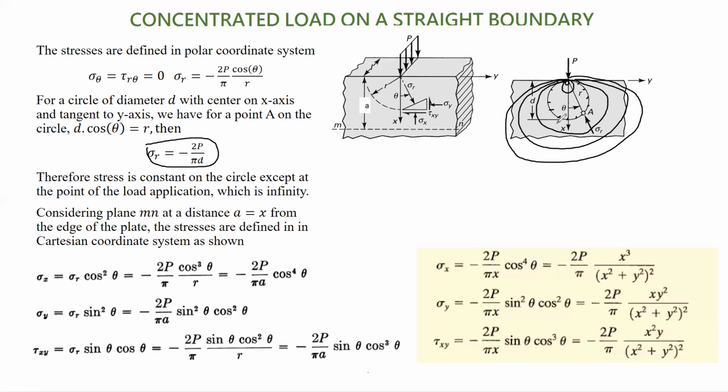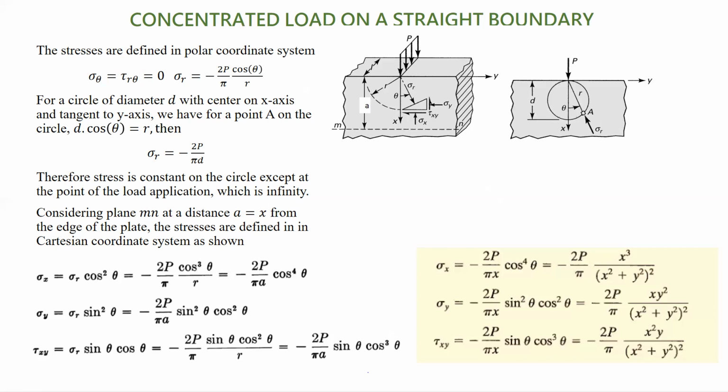So if that stress level is shown with a certain color, here we have red, then on this circle we have pink, and then it grows to probably blue at the larger circles. The other thing of interest is that we obtained these results in terms of the polar coordinate system.